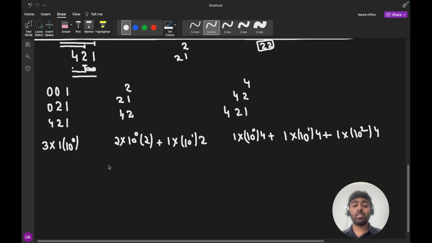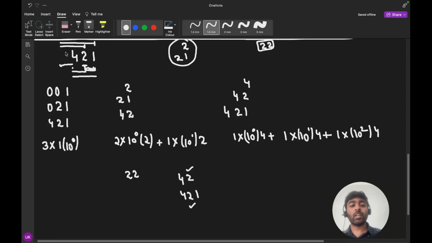Here 2 places, so 2 places means 22 is the contribution. 1 is coming for itself like this, and similarly the number of digits we have on the left, that number of times 22, because if I see from the left, it was once 42, once it was 4 2 1.